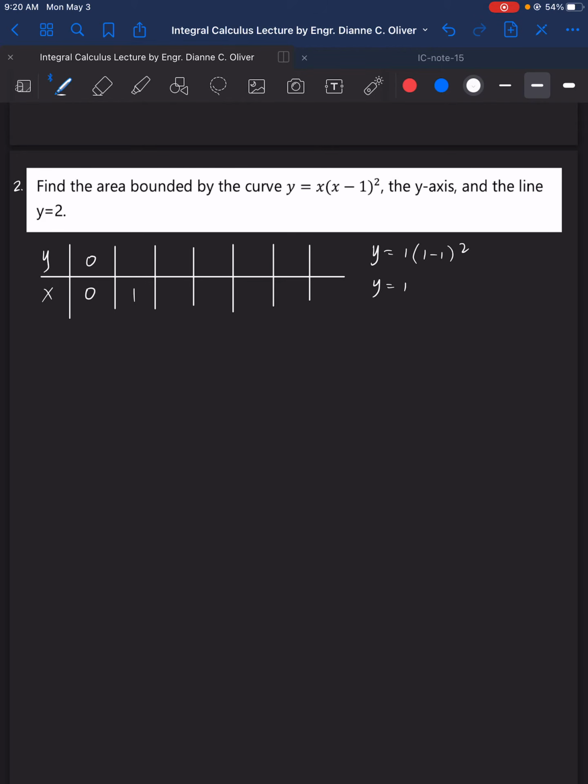This is 0, so y is equal to 0. If x is equal to 2, that is 2 times (2 minus 1) squared. So that is equal to 2 times 1 squared. So y is equal to 2.